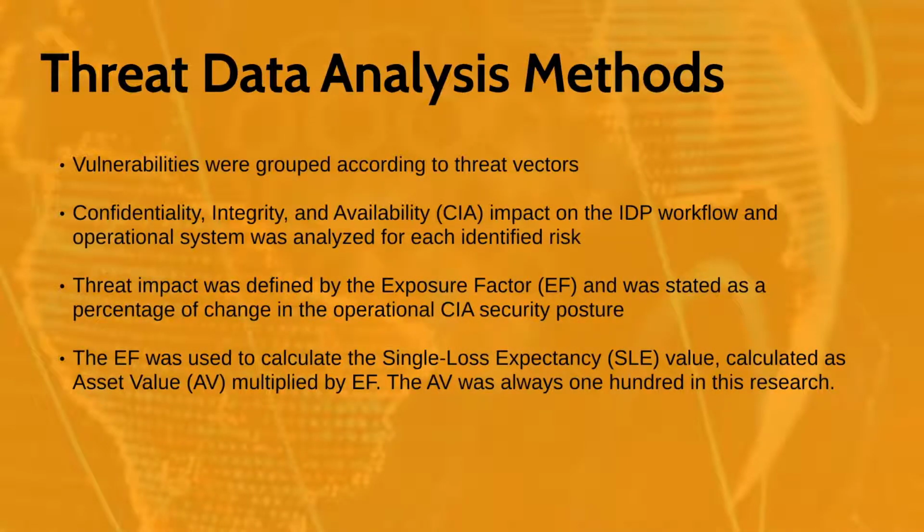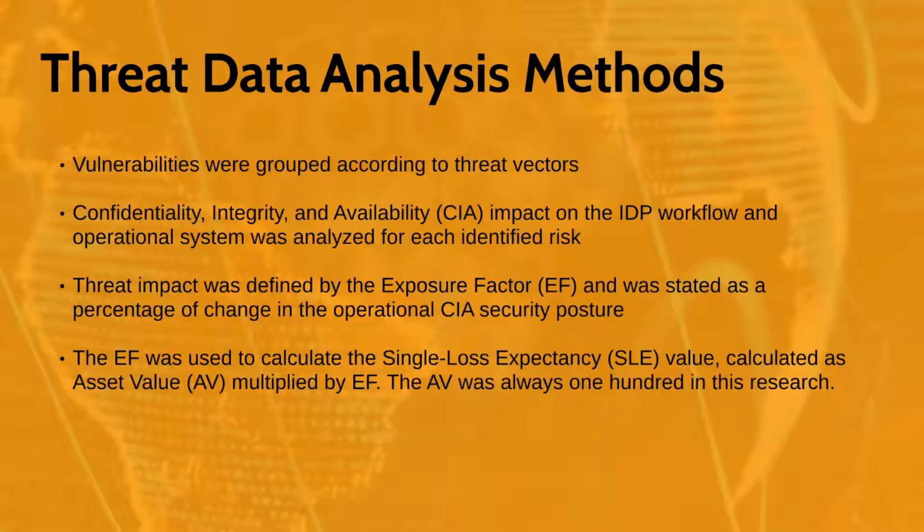The identified vulnerabilities are grouped according to threat vectors. The confidentiality, integrity, and availability, CIA, impact on the IDP workflow and operational system is analyzed for each identified risk. Threat impact is defined by the exposure factor, EF, and is stated as a percentage of the change in the operational CIA security posture.